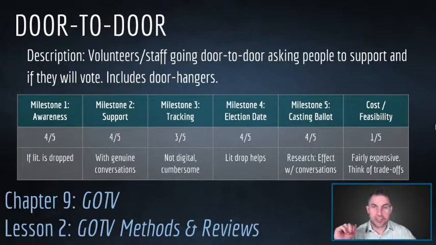So milestone number 2, support. If you're having genuine conversations with people, then it has been shown to actually be persuasive. And this is the big call out here, genuine conversations. There's been a lot of research, probably the most research in GOTV and just voter persuasion in general, done about door-to-door one-on-one conversations, and it has been shown to be effective, even with pretty big issues like gay marriage.